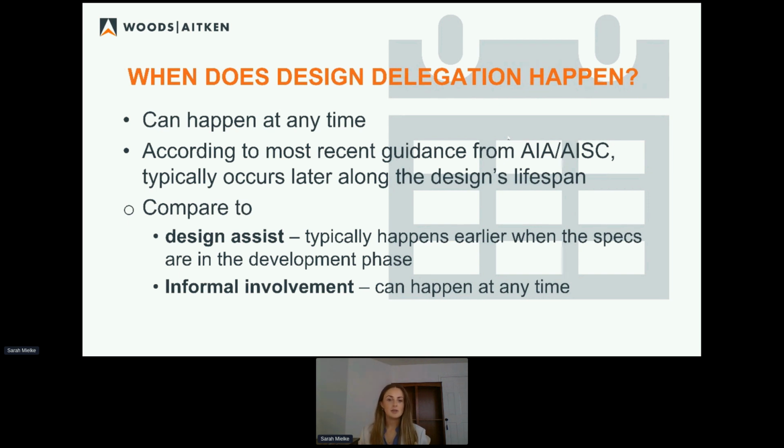But the whole idea with design delegation is that in most situations, you're going to be relying on performance specifications. To rely on those specifications, they would have had to have already been developed. And so typically that's when you'll see design delegation pop up.